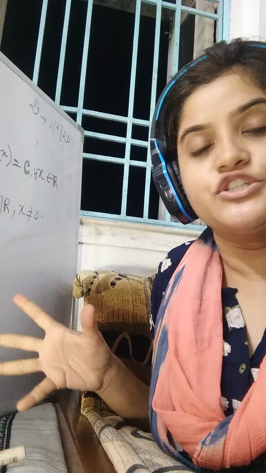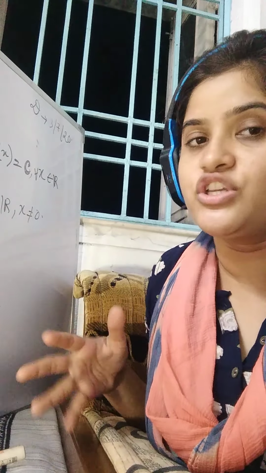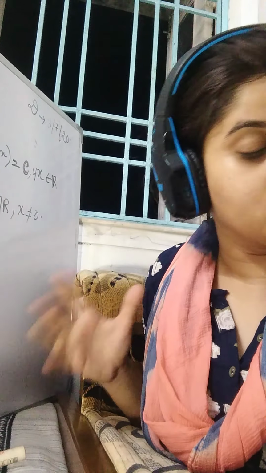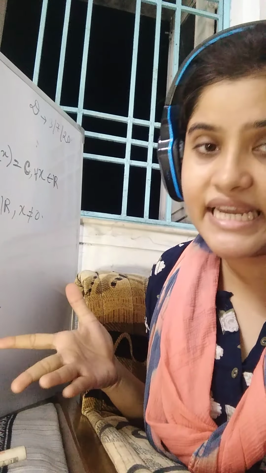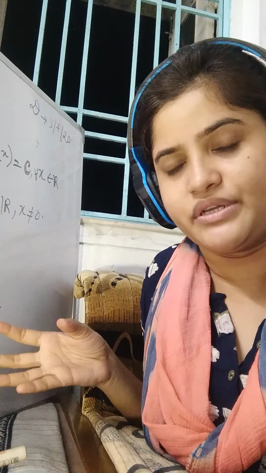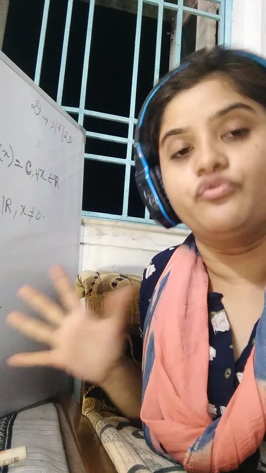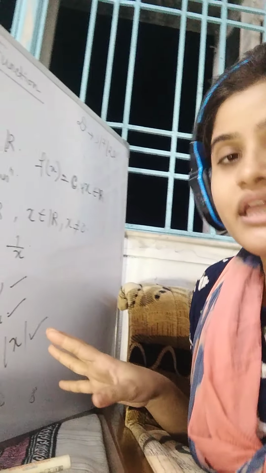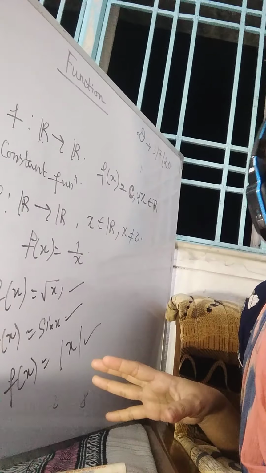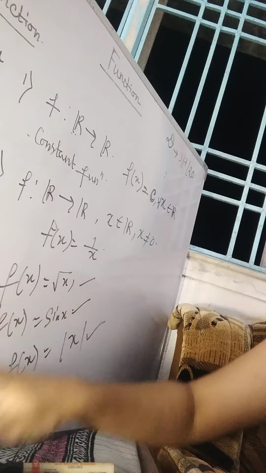Then we discuss the image, the injectivity property and the surjectivity property. That is nothing but one-one and onto functions. Clear? Now, first of all, we are discussing the injectivity property.